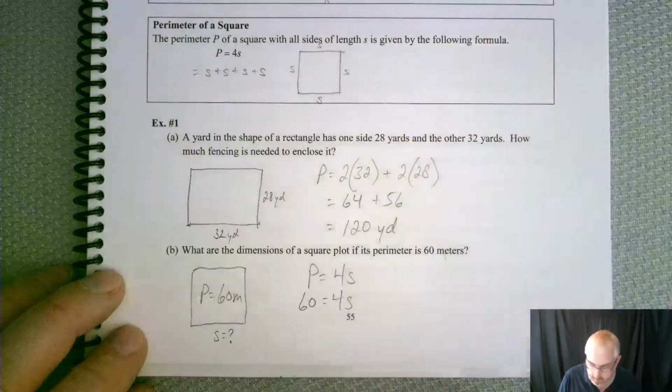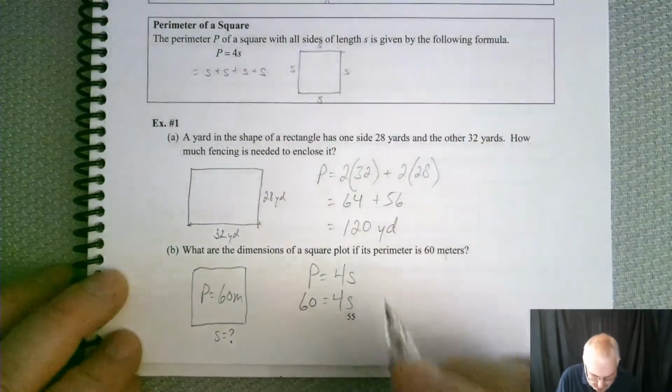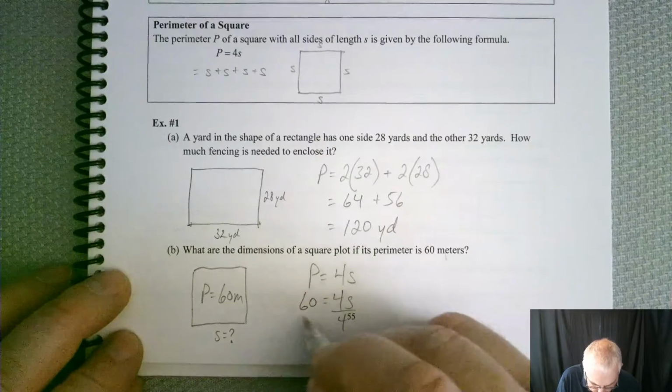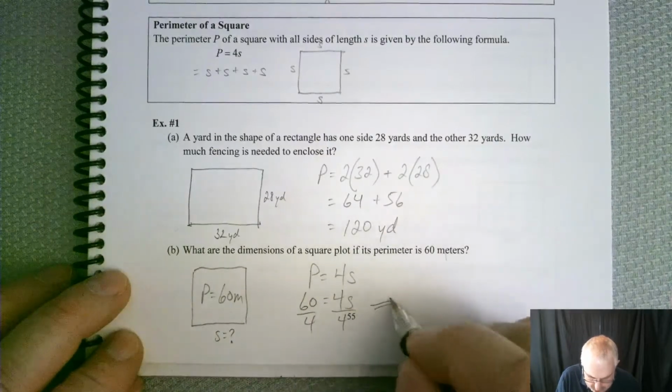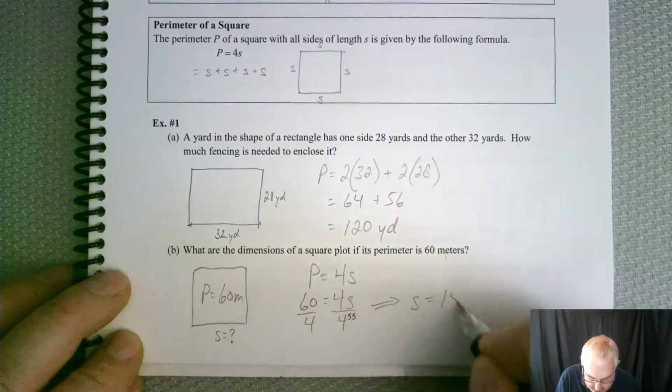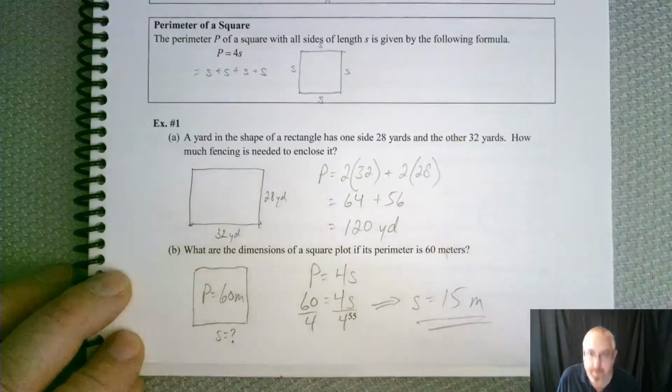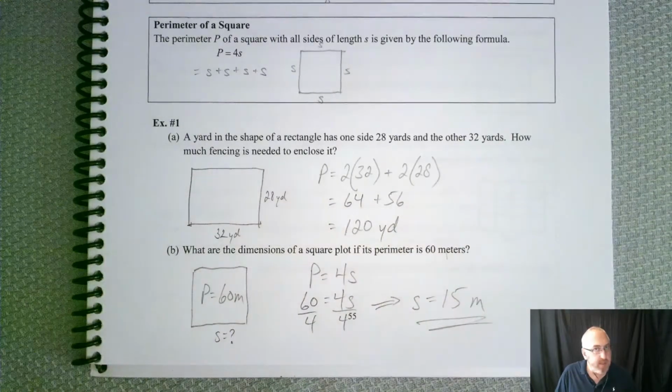You got it. If we divide by 4, that's going to tell us that S equals 15 meters. All right, so start to get into the habit of always associating a formula with a specific shape and based on what they're trying to find.